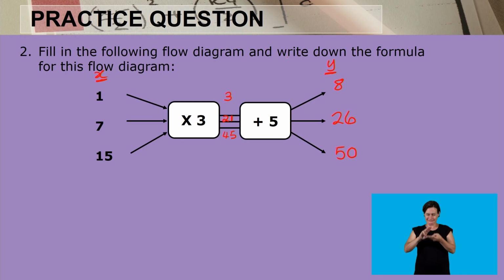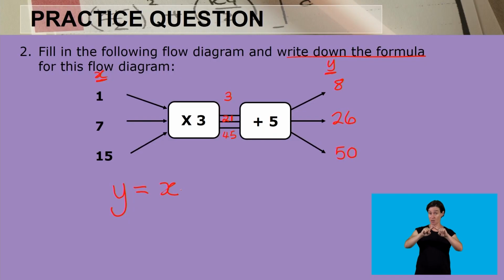Now, how can we write down the formula for this flow diagram? Well, we know that we are looking for the output values, and how exactly did we find these output values? We took the input value, we multiplied it by 3, and we added 5.